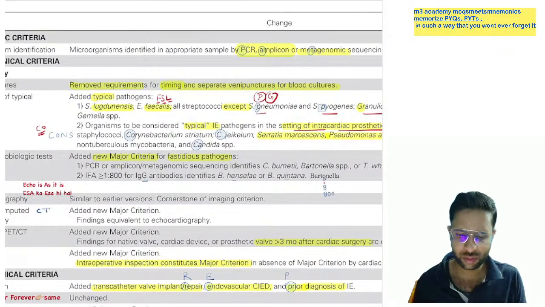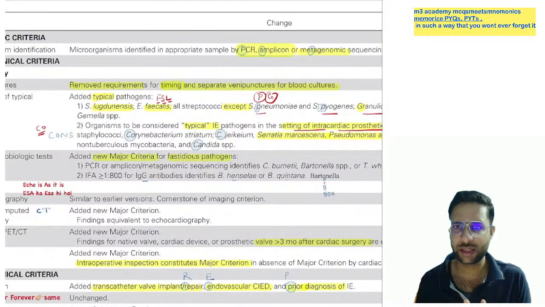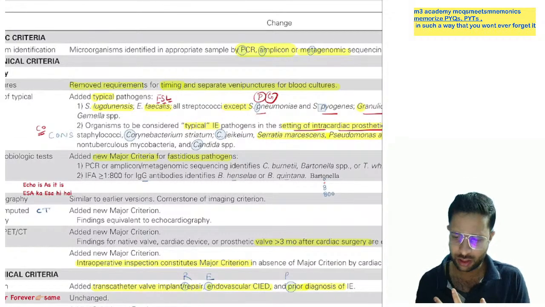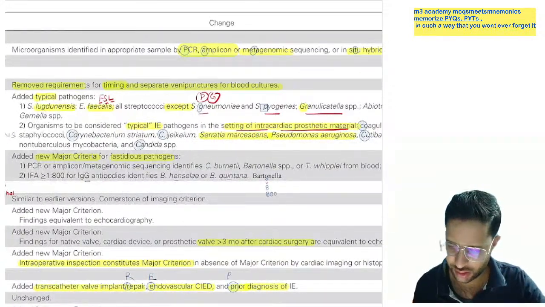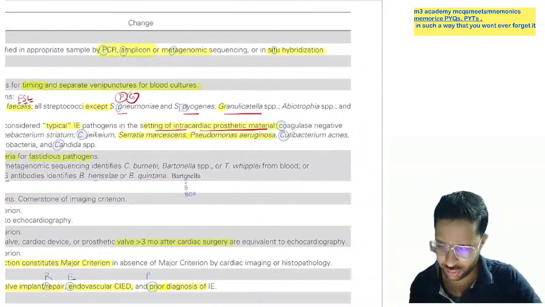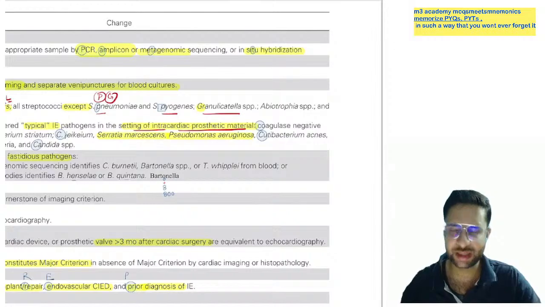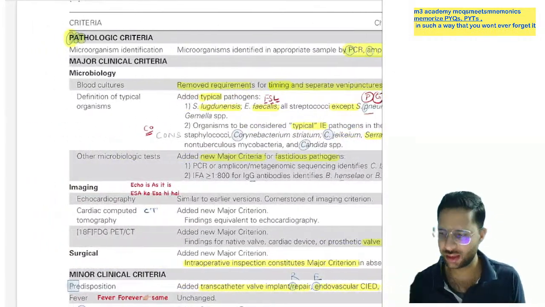Starting with CO means coagulase-negative staphylococci, CO for Corynebacterium striatum, CO for Candida. You also include Serratia and Pseudomonas aeruginosa, and CO for Cutibacterium acnes. So all start with CO, just a trick to remember.